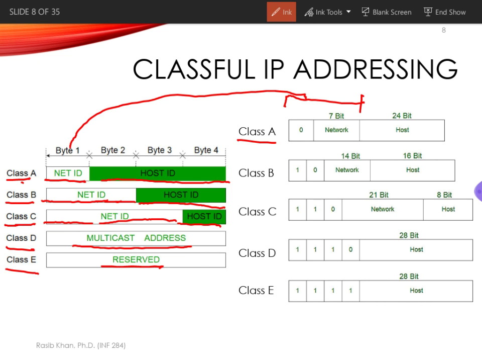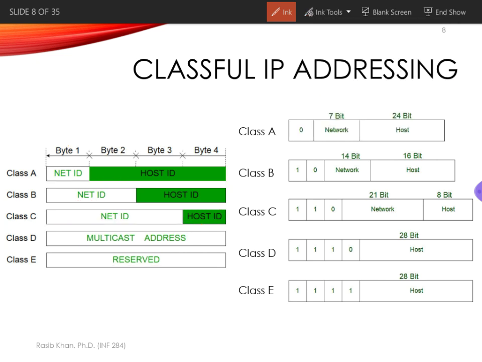To make that differentiation, we say that in these 8 bits of the network ID, the first bit is always fixed to 0. For class B, we know that the network ID is of length 16 bits, that is 2 bytes.